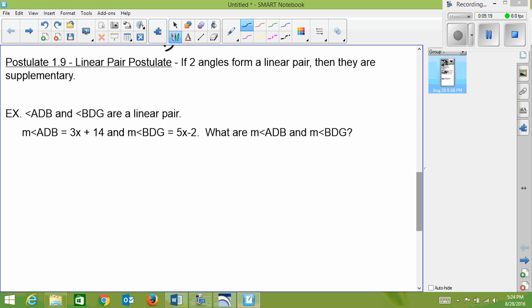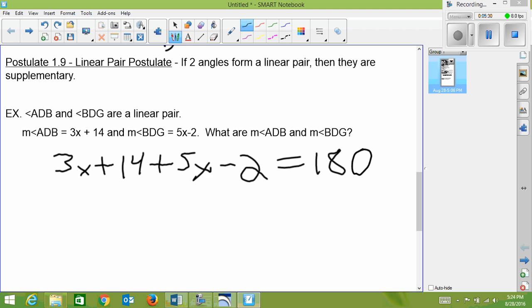I can figure that out by knowing that when I add them together, 3x plus 14 plus 5x minus 2, they have to equal 180 degrees. How do I know that? Because they're supplementary. So I can go ahead and combine like terms, and it says 3x plus 5x, so that would be 8x. Remember, when we're combining, we always look at what's in front.